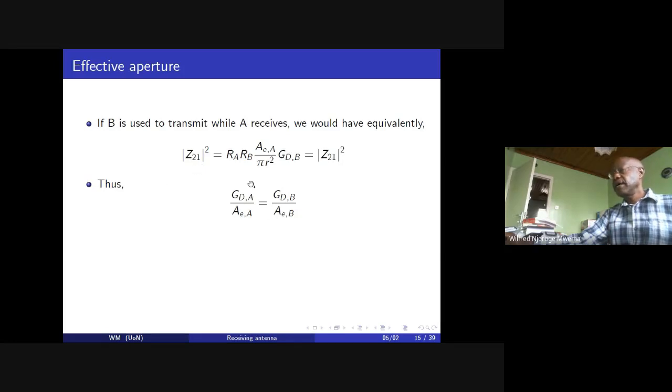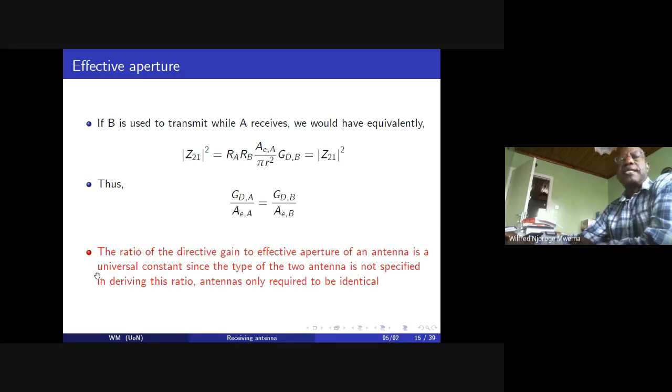And thus, we can see that the ratio of the directive gain to the effective aperture for antenna A is equal to that of antenna B, because we say that these antennas are identical. So we can say in words that the ratio of the directive gain to effective aperture of an antenna is a universal constant.